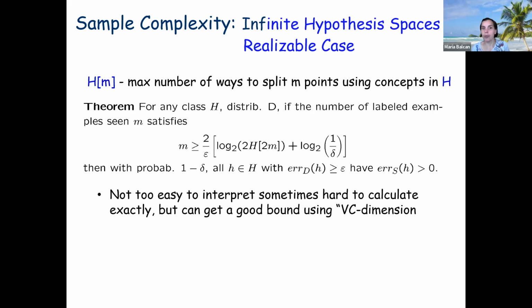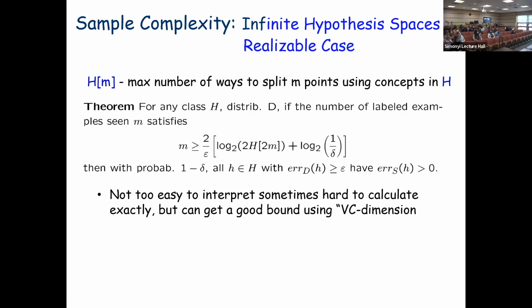But what is H of m, for example? We computed it for intervals, it was m squared, roughly speaking, and for thresholds it was m. So I would always have to solve an inequality to get how many samples I need to get generalization. I'd have to solve an inequality that looks like m is greater than 1 over epsilon times log of m squared, for example, for intervals. So I still have to go through some further calculations.